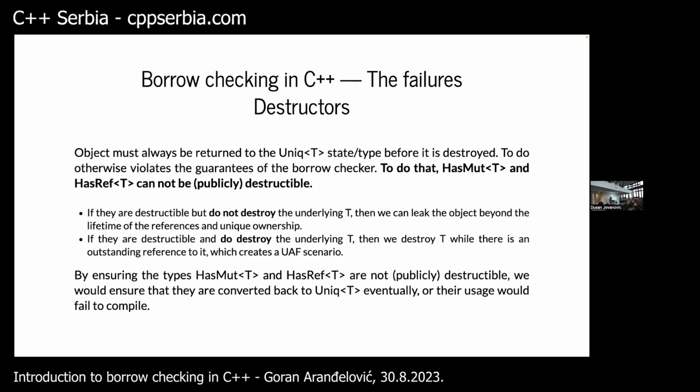And as I mentioned, only if you have these destructors not publicly available will you be in full control of how you want to transit them back to the unique state. Otherwise, you will have a compilation error if these objects try to go out of scope without you.